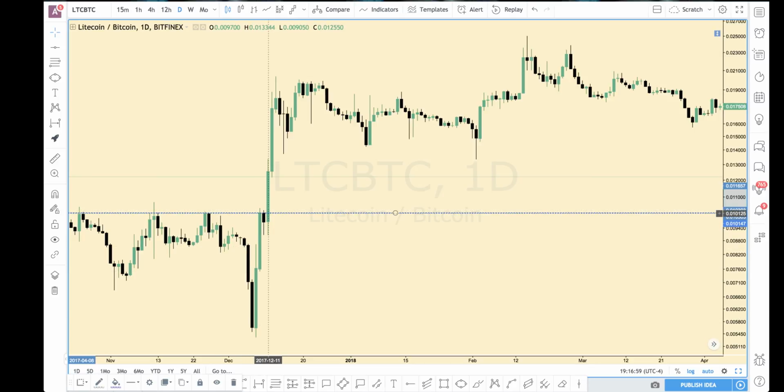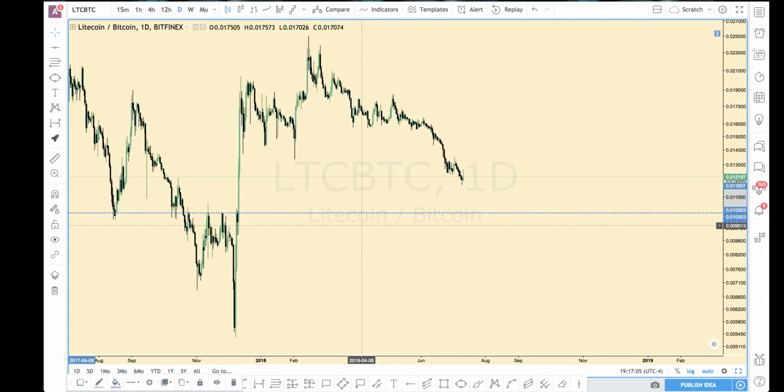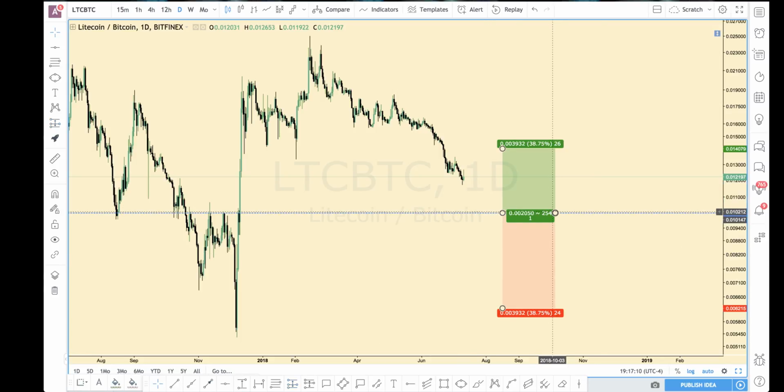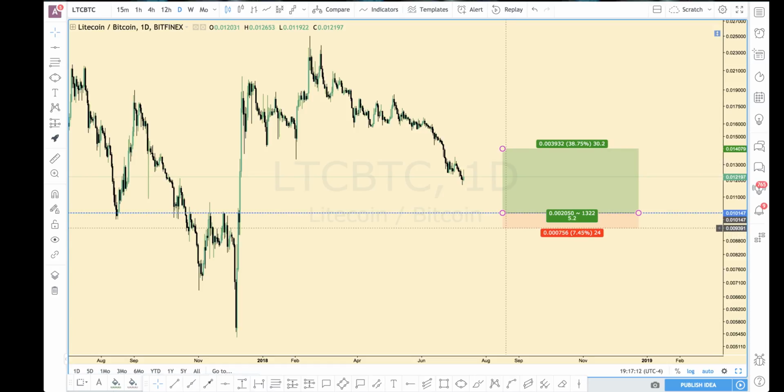Put a line right here at the open of that candle, the close of the previous day. And that would be a great target to go long from if you use no other technical analysis, just that. And then put your target somewhere here, because you have this level.